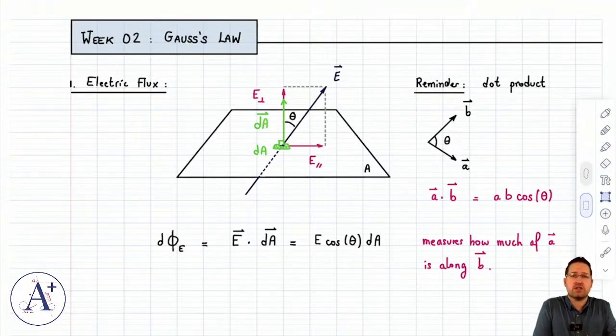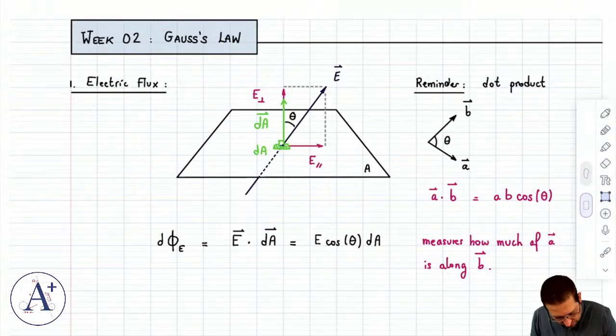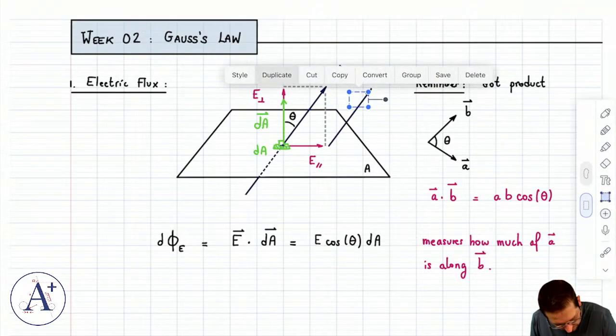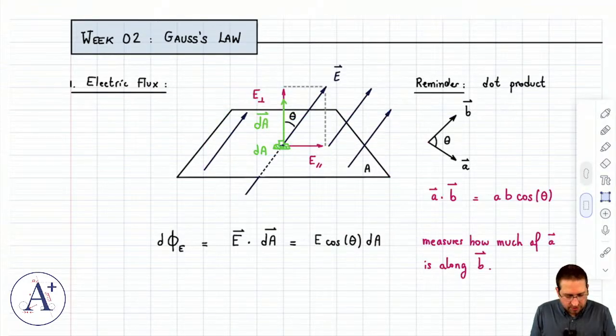In other words, it's the flux created by one field line. Then the question is, well, you said that we have this electric field everywhere. So presumably, we have field lines like this absolutely everywhere. And nice, we have the flux from one of them. How do I account for all of them?